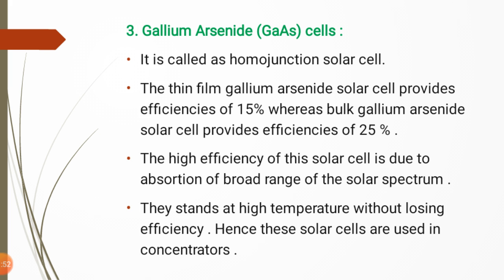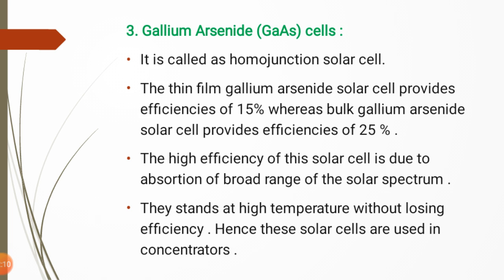Next is the gallium arsenide, that is, GaAs solar cells. It is called a homojunction solar cell. Homojunction means the same semiconductor material is used on both sides of the junction.